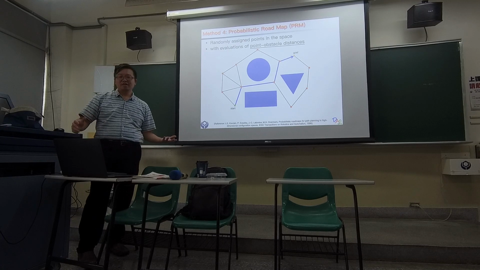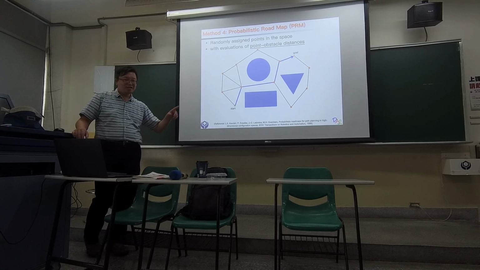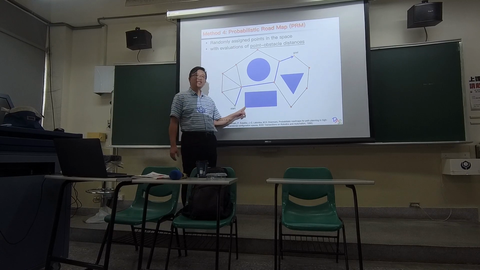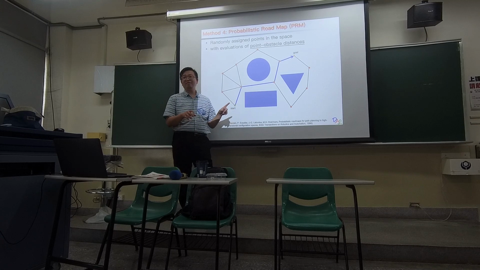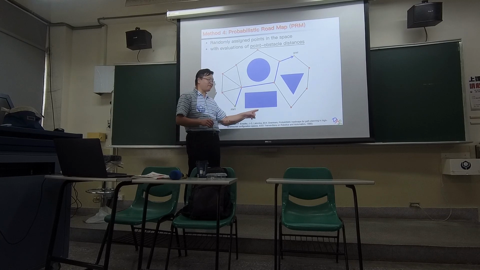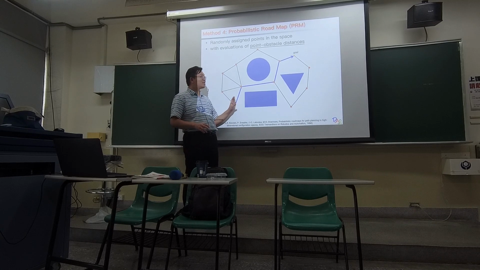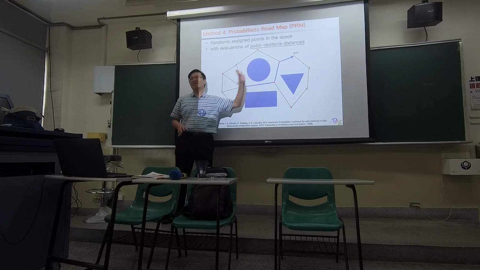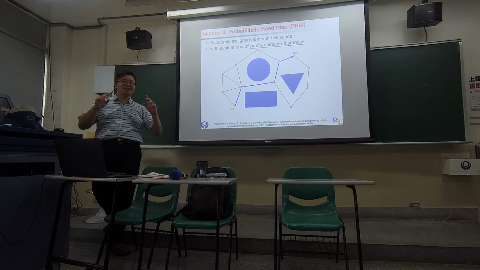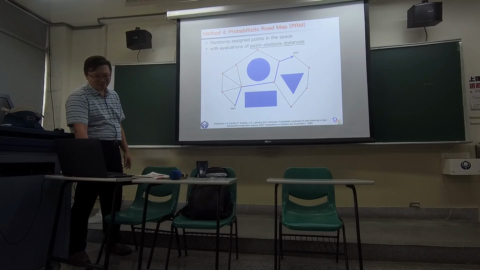That's it. However, checking whether there is a collision requires distance measurement. So if you need to do distance measurement along this path, that means you need to do that everywhere, on every connection. Still, it's a lot of calculation.